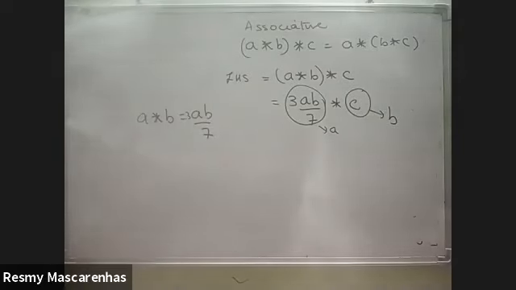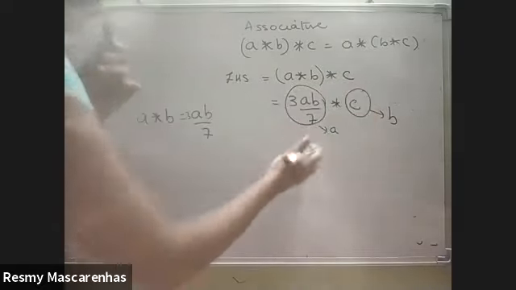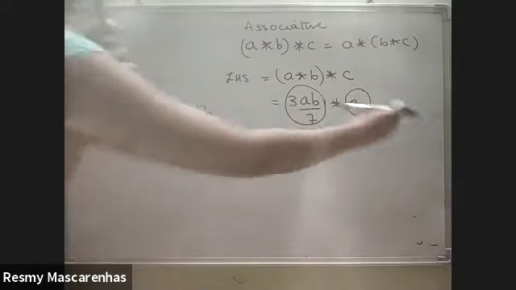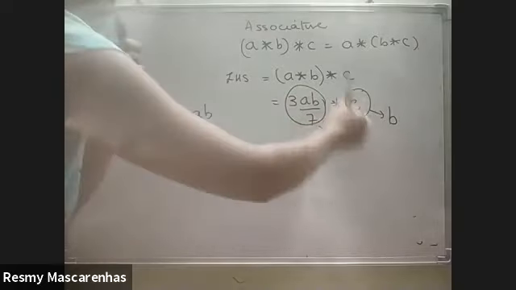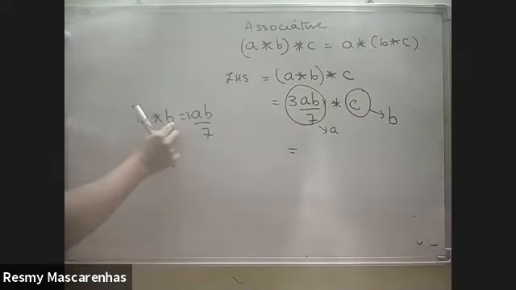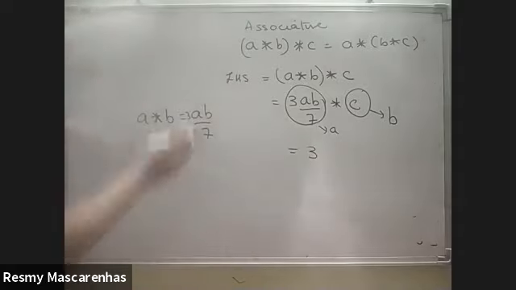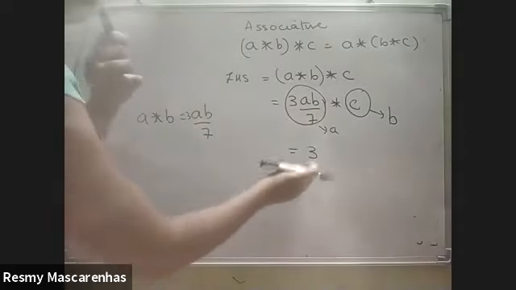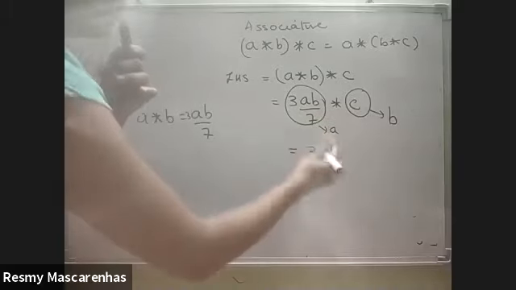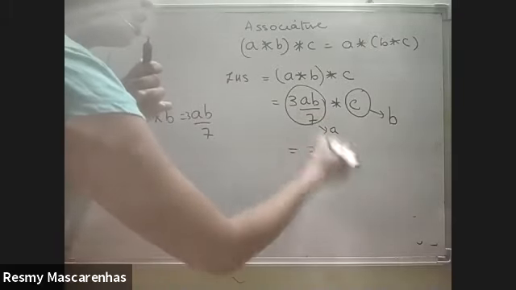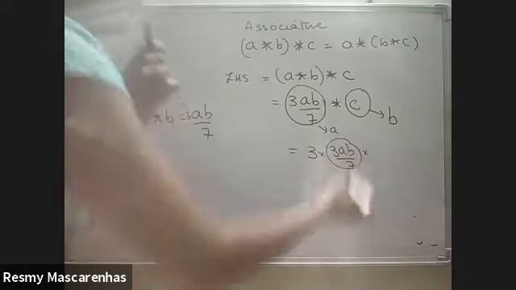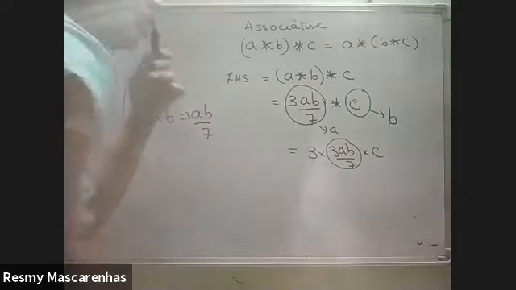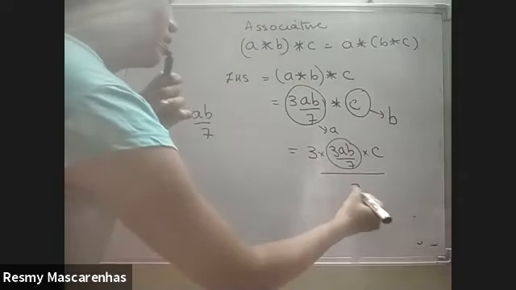Just apply the formula here. If this is A and this is B, what is A star B? The full term you have to consider as A, and the full term as B. So A star B is 3 times A into B, where 3 times A is this full thing, 3 times A into B, upon 7.